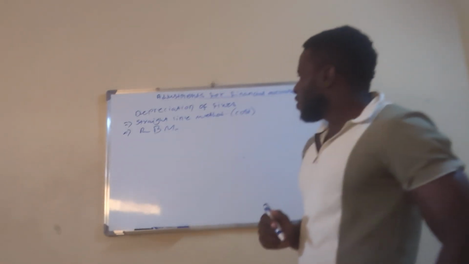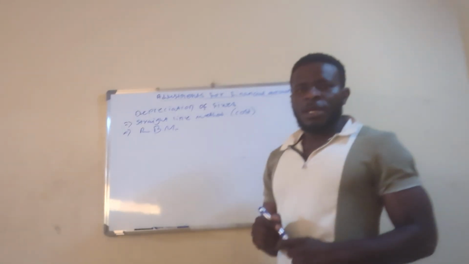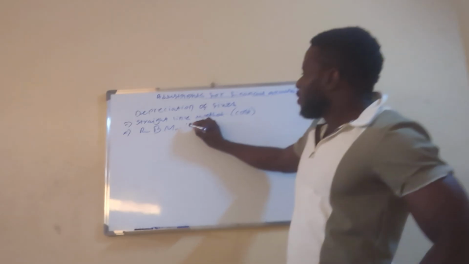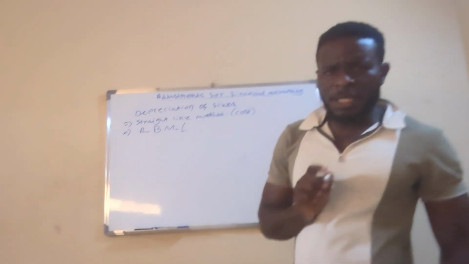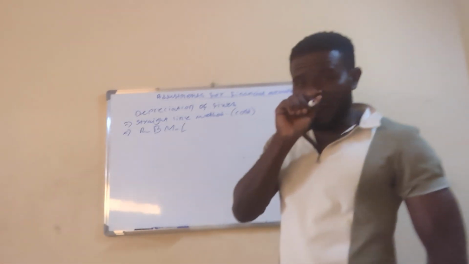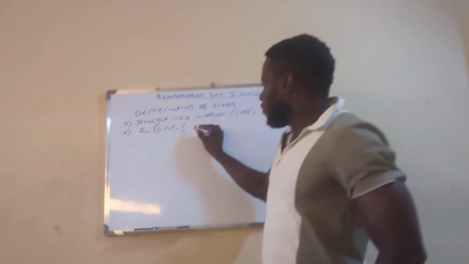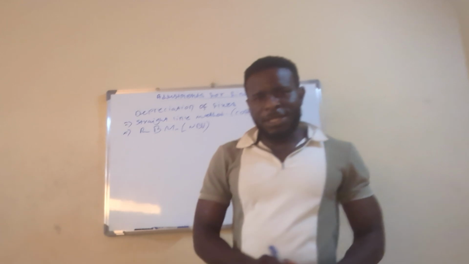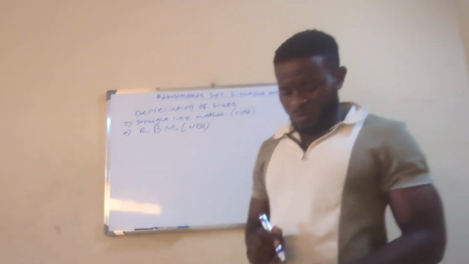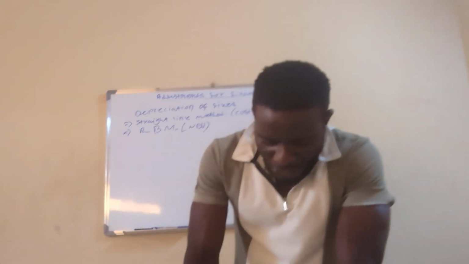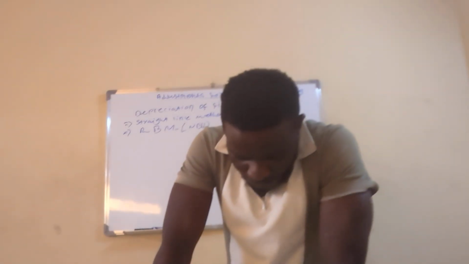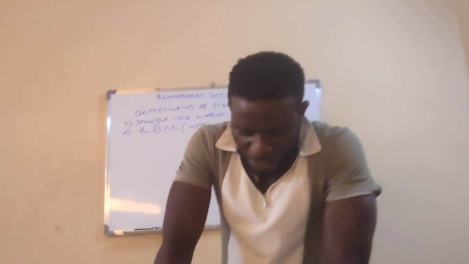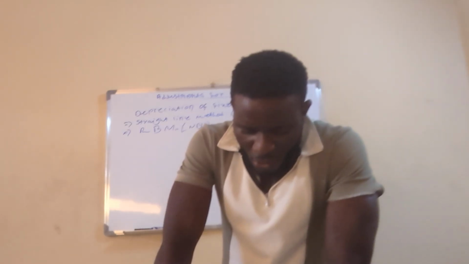In the reducing balance method, we calculate depreciation on net book value. They're very simple.